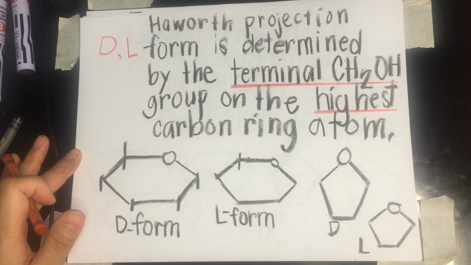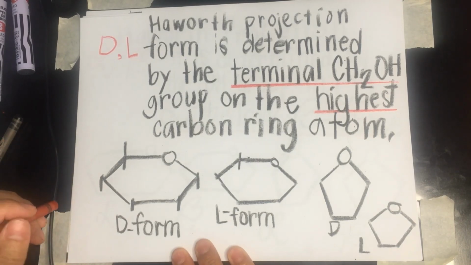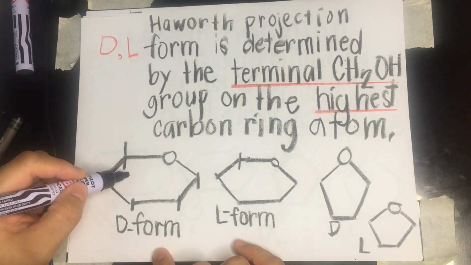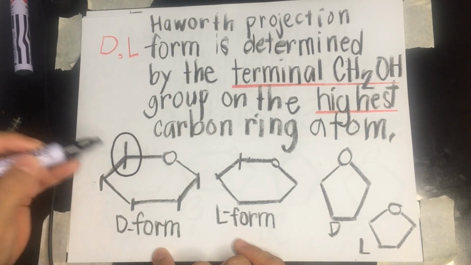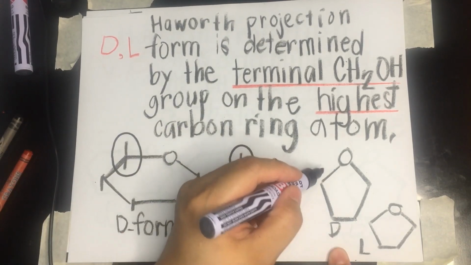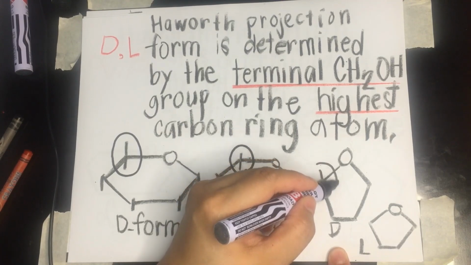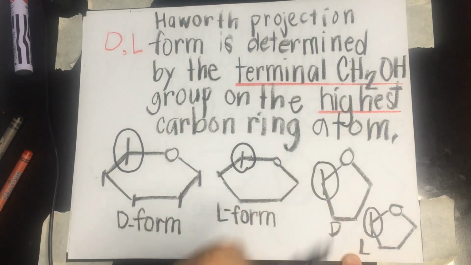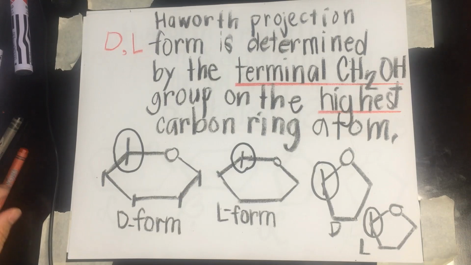This is the one that has the highest carbon ring atom. So, for our D or L form in a Haworth projection, we always take a look at this side, the side that has the highest carbon ring atom.